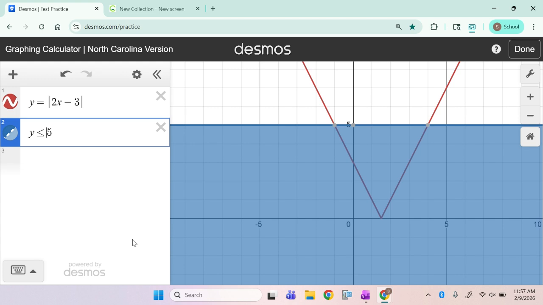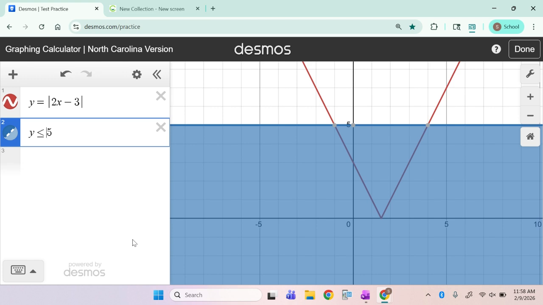But now we're looking at, okay, I want them to be less than. So if I shade underneath that 5, the only part of the graph that I use is this little bottom part. Now, would you say that these x values are between negative 1 and 4? Or are they going in different directions, like one's less than negative 1, the other one's bigger than 4?